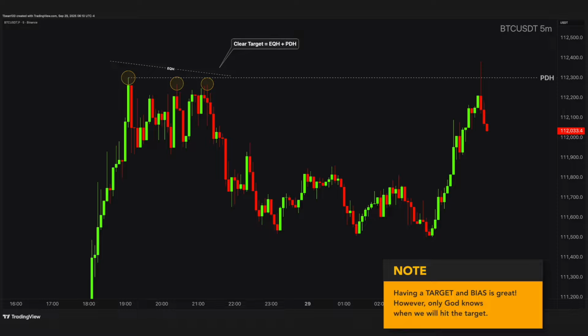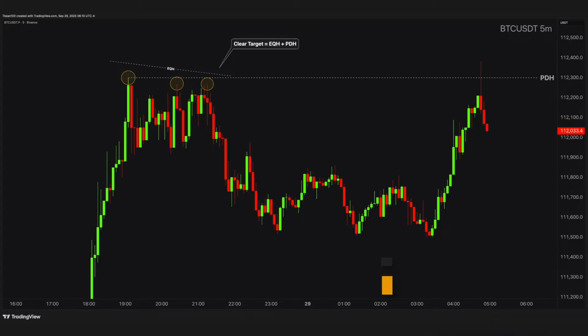We know that price is moving upwards, but we do not know exactly when or how it is going to get there. Sometimes it happens instantly. Sometimes it takes an hour, and in some cases it may take even days.